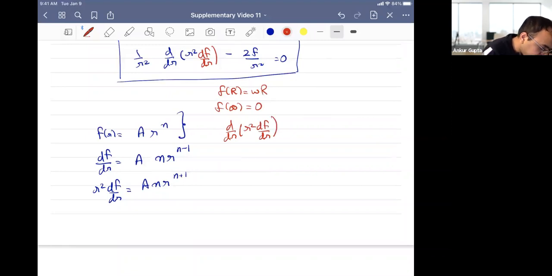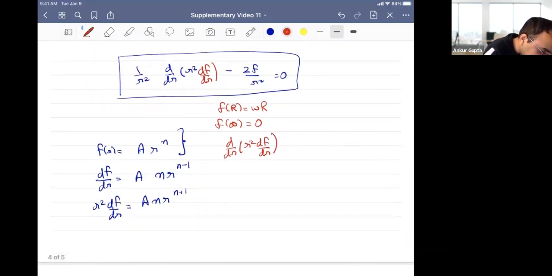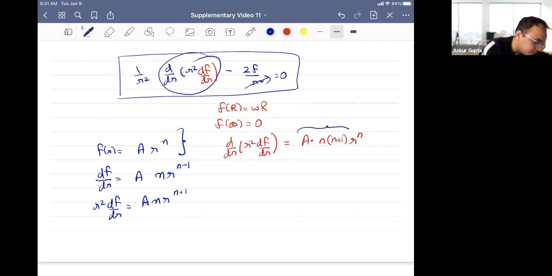And that basically becomes a times n times n plus 1, and then we have r raised power of n. This is what we get. This is our term. You can see this r square and this r square is not important.